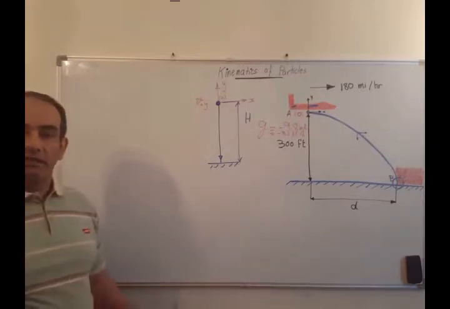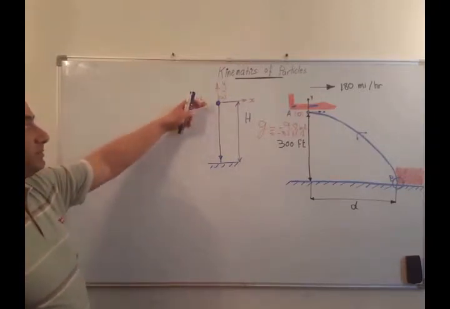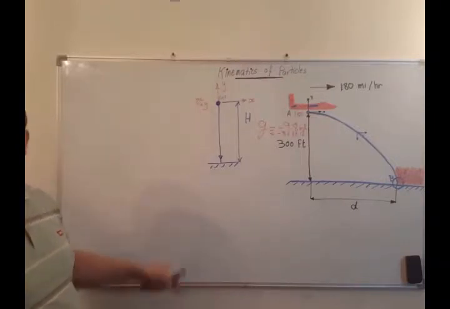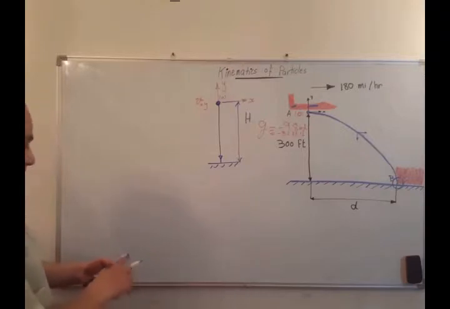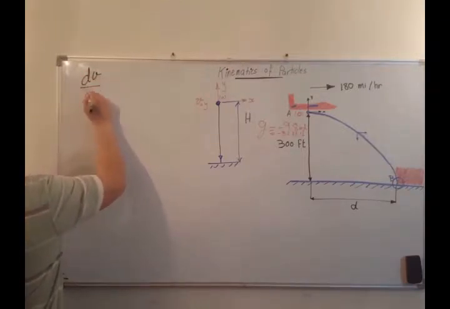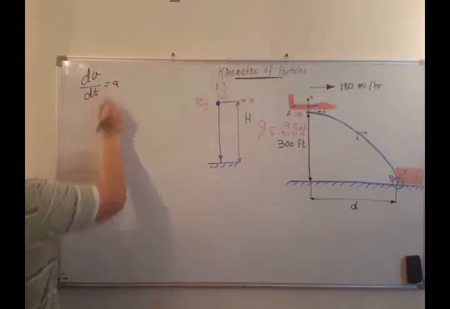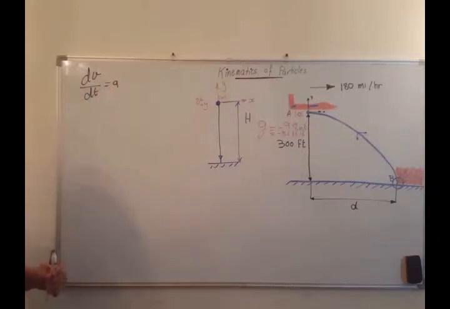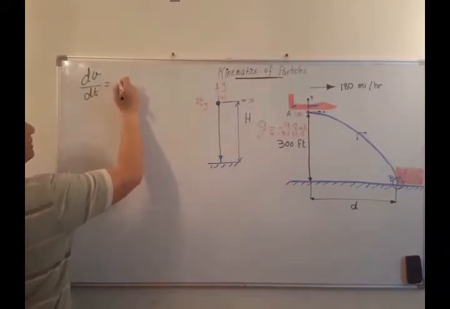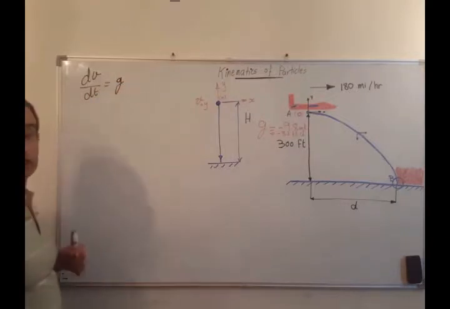So, how can we describe the displacement and the velocity in the vertical direction? We know that delta v over delta t, the first differentiation of the velocity with respect to time, equals the acceleration. We can replace the acceleration by g, the gravitational acceleration.